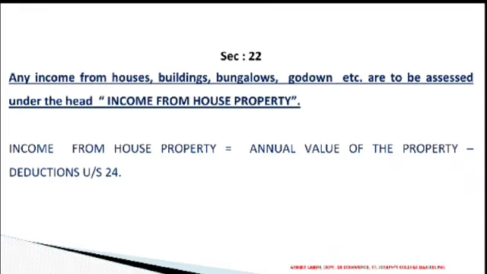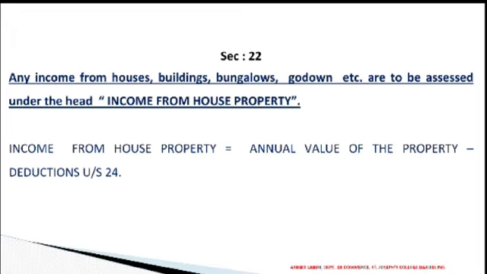Here we have to see this annual value of the property. How to get the annual value of property? First of all, we have the municipal value and fair rental value, whichever is higher, and then we compare with the standard rent, whichever is lower, and we get the expected rental value. Then we have the actual rent. From the actual rent we deduct the vacancy period, as well as unrealized rent.